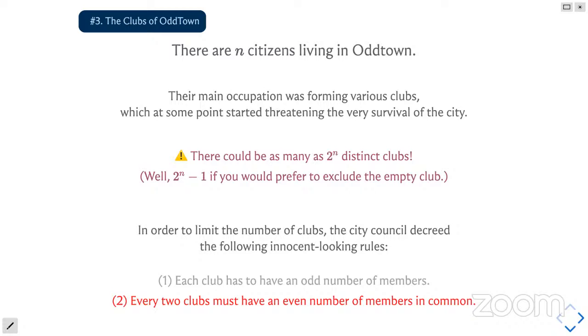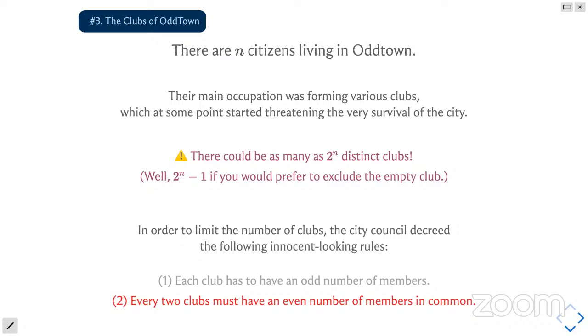If that made sense to you, could you give me a +1 in the chat? The claim is that we can form 2 to the n by 2 clubs, give or take 1. Basically, take 1 if you don't want the empty club, with this idea that you divide the population of odd town into couples.